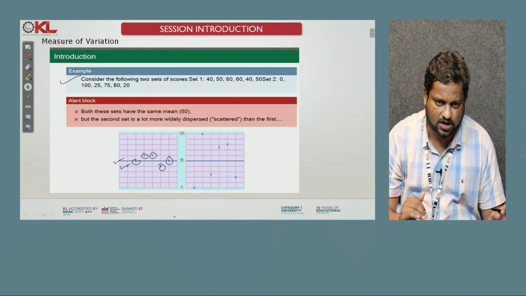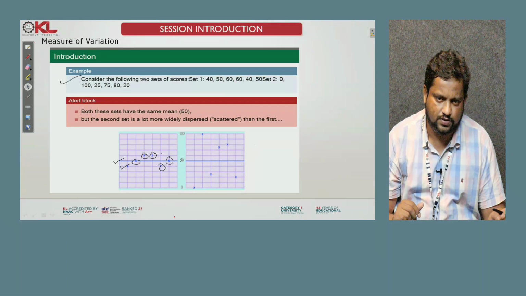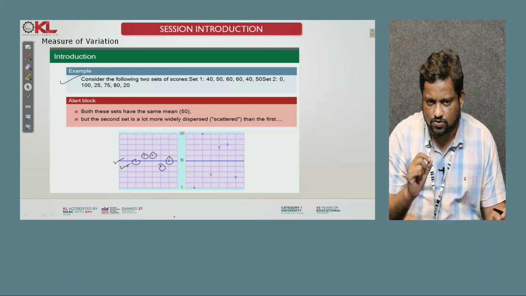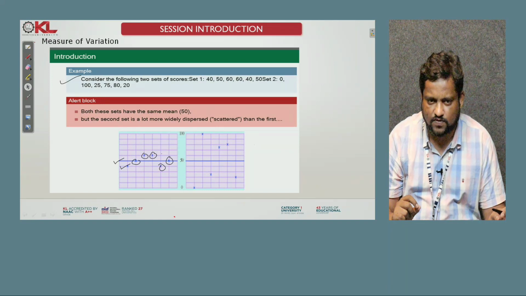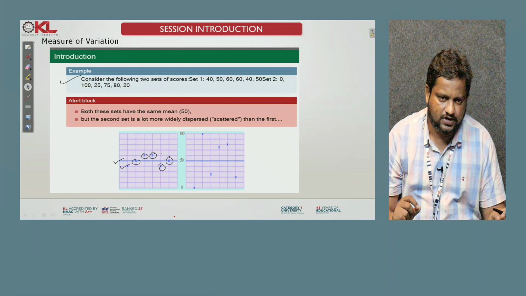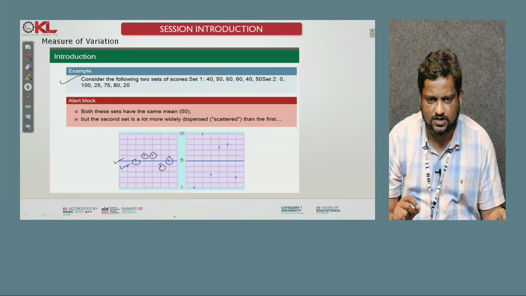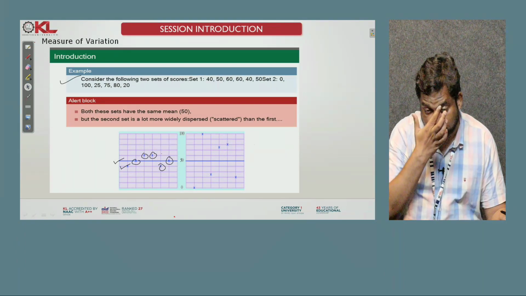In the first set, almost every point is close to the mean, right? When we plot this data set in a two-dimensional space, first we identify the mean value of the data set and we project the different points in that set towards the mean.